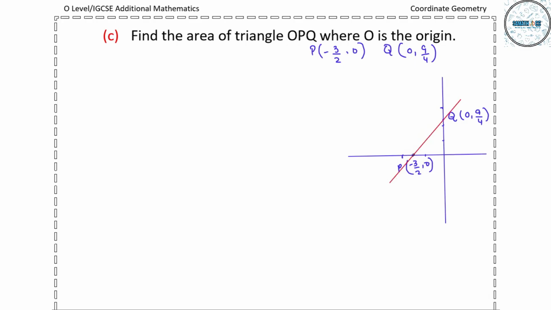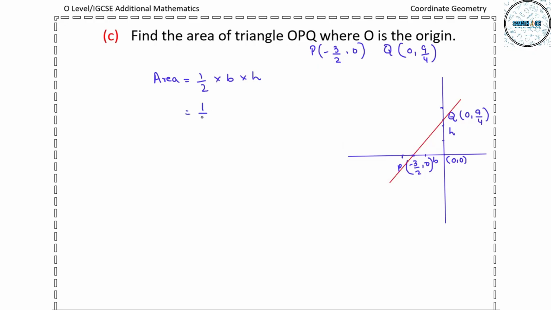We will consider the distance from 0 comma 0, which is the origin, as base, and the distance from origin to this point Q as height. So we can use the formula for area of triangle, which is half into base into height.